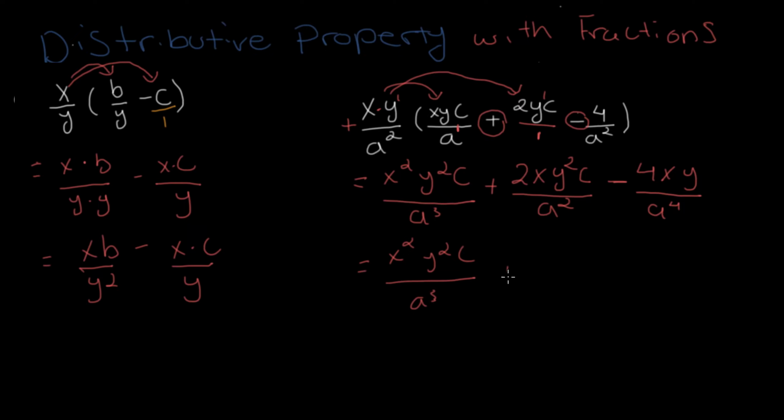The y to the power of 2 should come in first because it should be in chronological order. So it should be y squared, and it should be decreasing exponents. Since the x is over a 1, the x would come next, or the c could come next. It doesn't really matter. And we're dividing this all by a squared. Here we have 4x times y. We're going to subtract 4x by y. This is fine. And then we have an a to the 4th. So this is also fine.